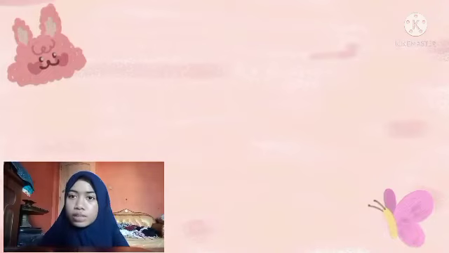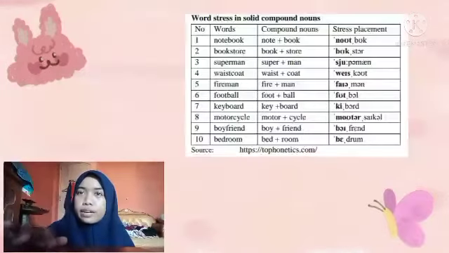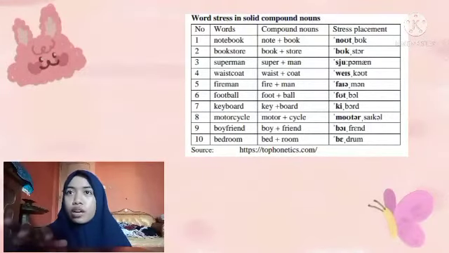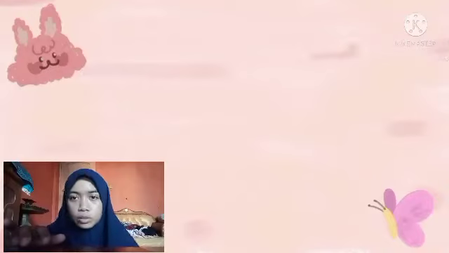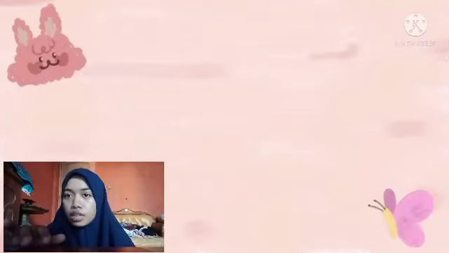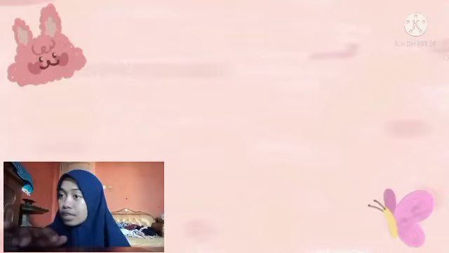The stress placement is on the first term, as in words like notebook, bookstore, Superman, waistcoat, fireman, football, keyboard, motorcycle, boyfriend, bathroom. An exception is the word policeman. The stress is placed on the second syllable.